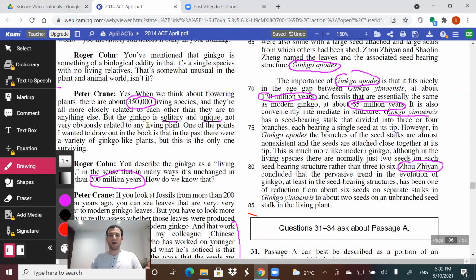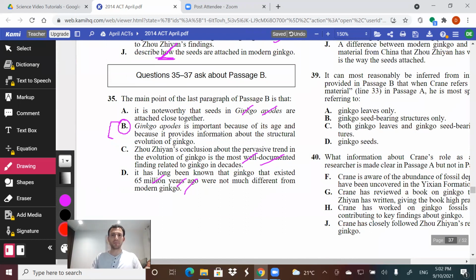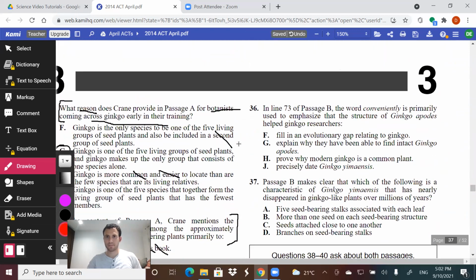And the rest of the paragraph describes how the seed-bearing structures changed over time. So this intermediate has bridged the gap. So B is correct then. The main point is that it provides information on the evolution between the most ancient and the modern ginkgo.